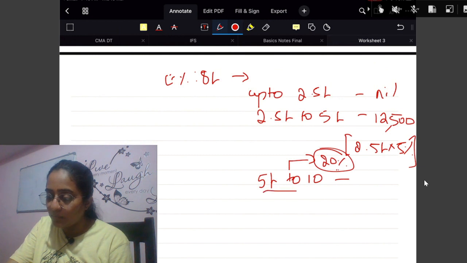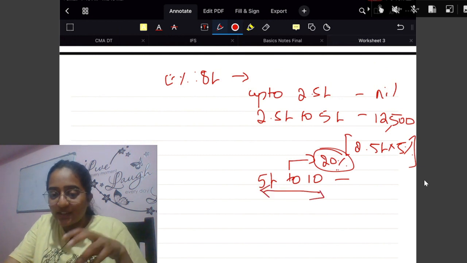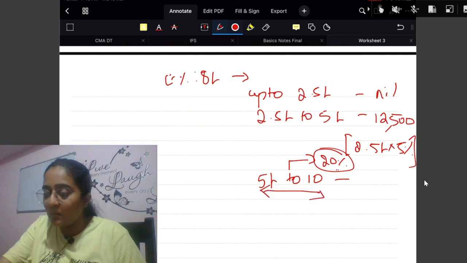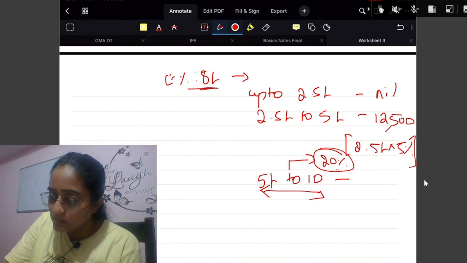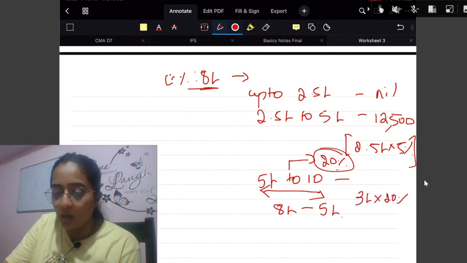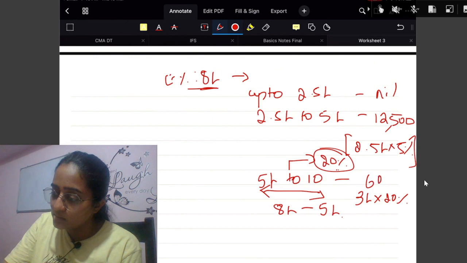Between this income, you will tax it at 20%. So how much is your income given in the question? 8 lakh. Can I say 8 lakh is my income minus 5 lakh? I'll subtract. I'm going to get 3 lakh. On this 3 lakh, I'm going to charge 20%. How much is it going to be? 60,000.